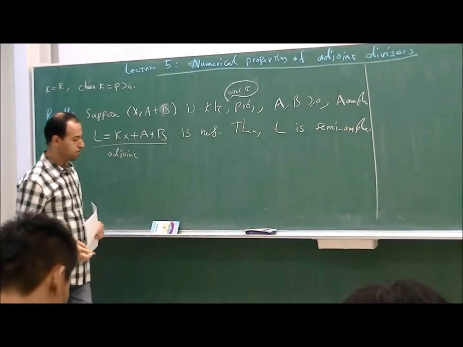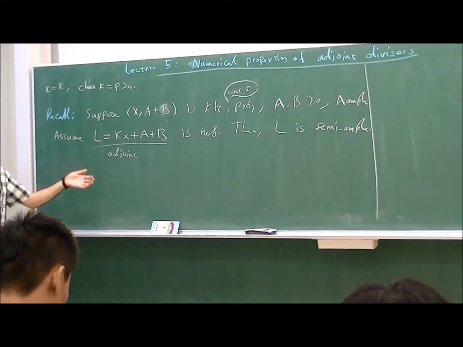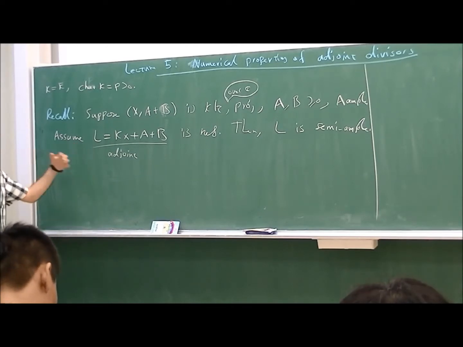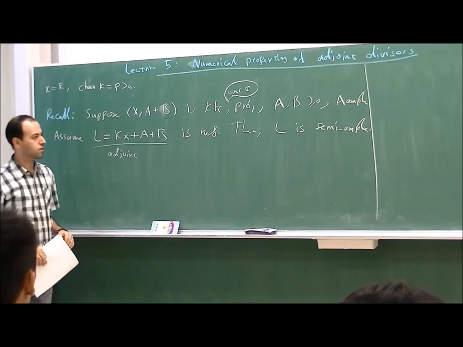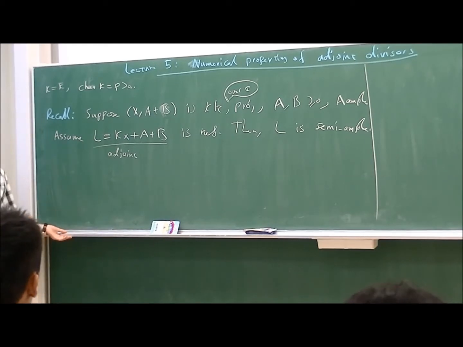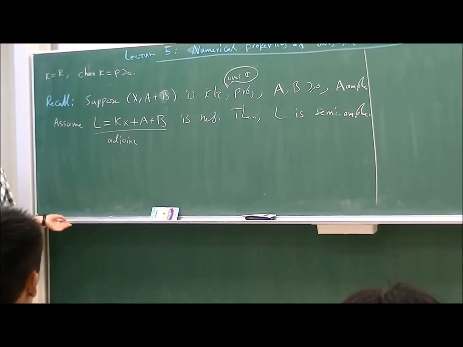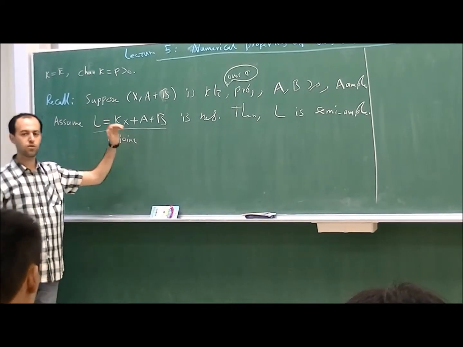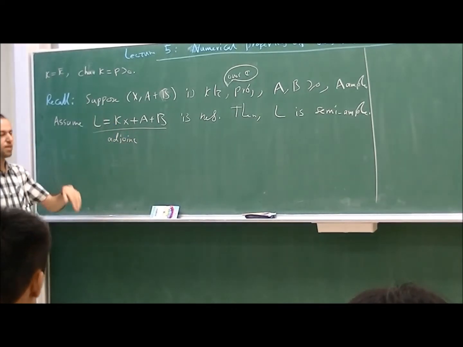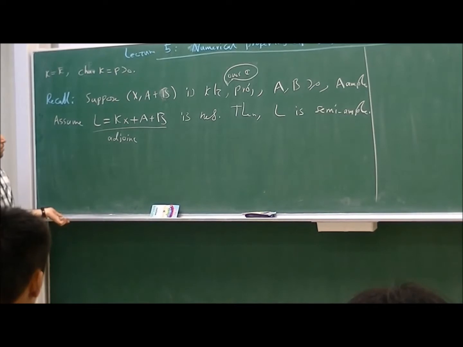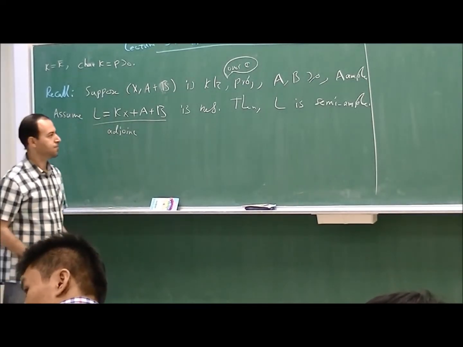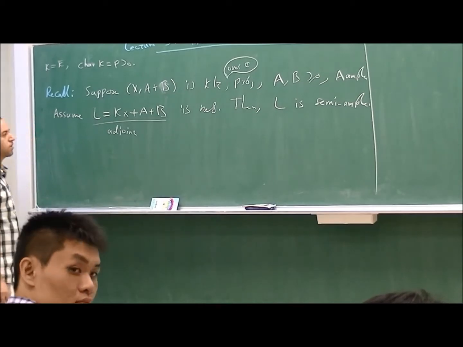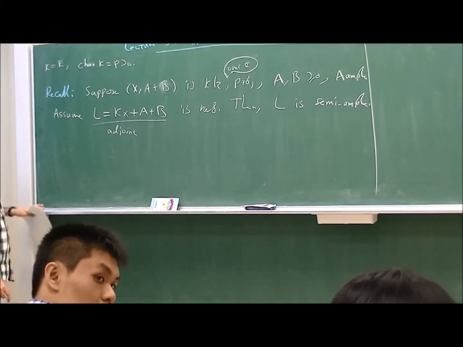And I guess you already know why it's important for this to be semi-ample, because we need this to run the minimum model program. If you remember lecture 2 or lecture 3, we have this kind of divisors. We like to show they are semi-ample because we need them in order to run the minimum model program.